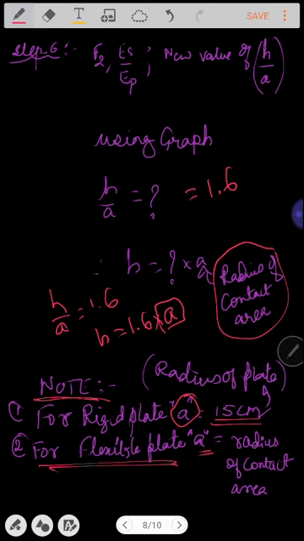So how are you going to find out the value of A here? We know that pressure is given by force upon area. So what is the area in turn? The area of contact is equal to force divided by contact pressure. So this P can also be called load upon area.